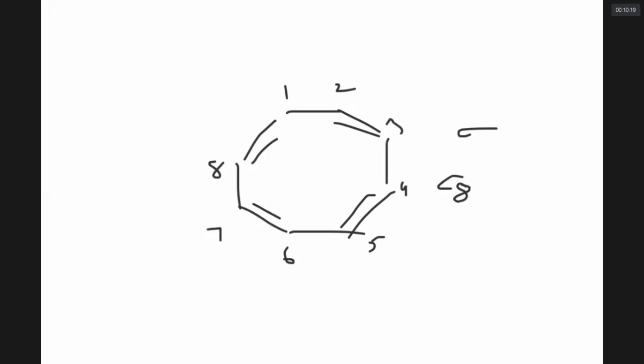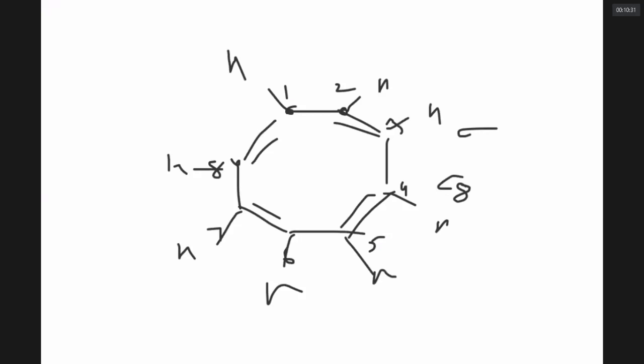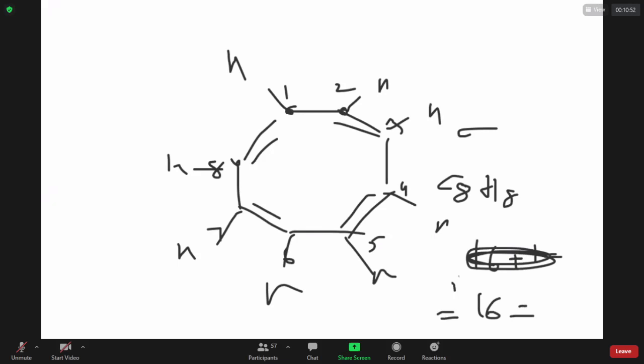Whenever a carbon is making 3 bonds, it should have an extra hydrogen, because carbon is always tetravalent. We can very quickly see it is C8H8. It has 16 atoms. And the number of sigma bonds is equal to 16, because in a structure with one ring, the number of sigma bonds is equal to the number of atoms. Yes or no? Yes, sir.